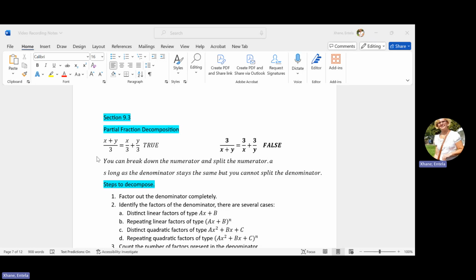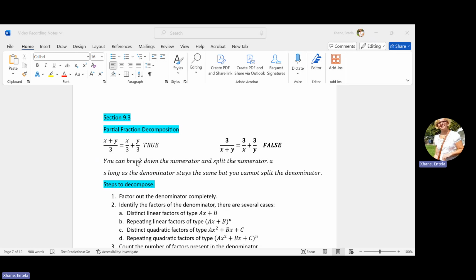We're so used to having a fraction such as x plus y over 3, where you notice I have two terms, x and y, on the top, connected together by plus, and then a common denominator 3. If that's the case, we're allowed to split up that single fraction into other fractions, where the numerator of one of them is x and the denominator is 3, and the numerator of the other is y and the denominator is 3.